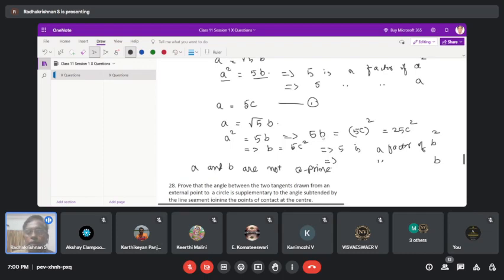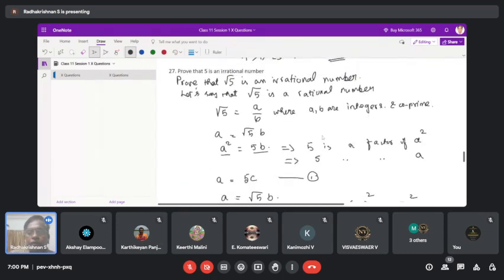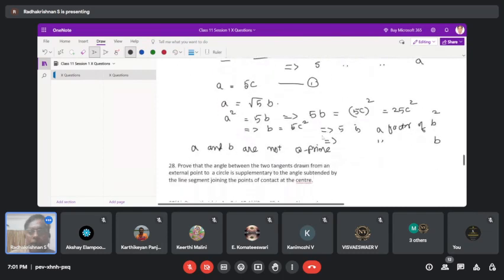But we assumed that a and b are co-prime. We simplified, in the first step, to the extent possible, so that a and b are co-prime. But we are getting a contradiction because a and b are not co-prime.